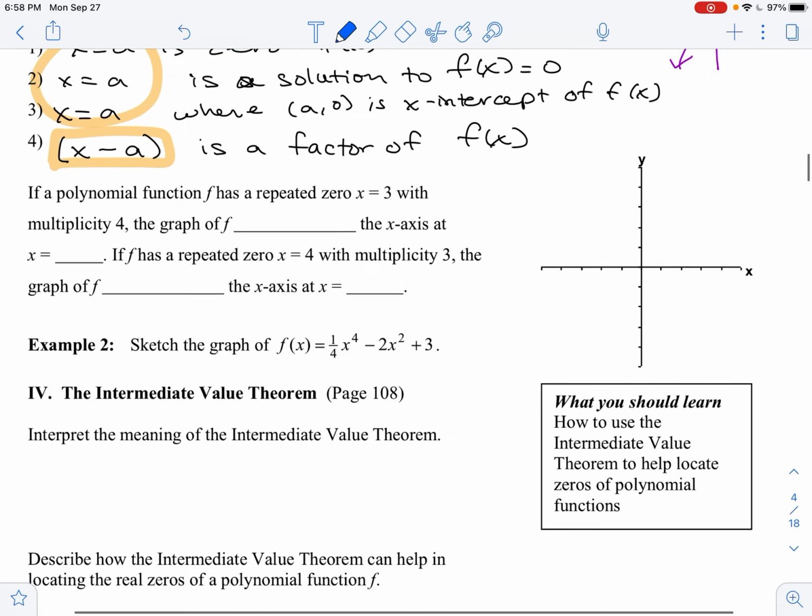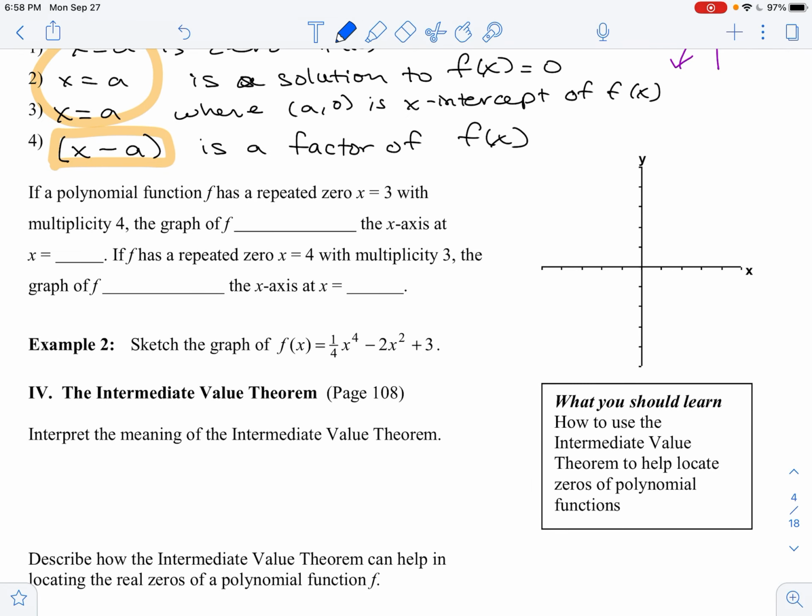All right, we're almost done. If a polynomial function has repeated zeros, like x equals 3 is a zero with a multiplicity of 4, remember how I talked about if it has an even multiplicity, it kind of kisses or touches the x-axis at the value of x equals 3. So this is what it would look like.